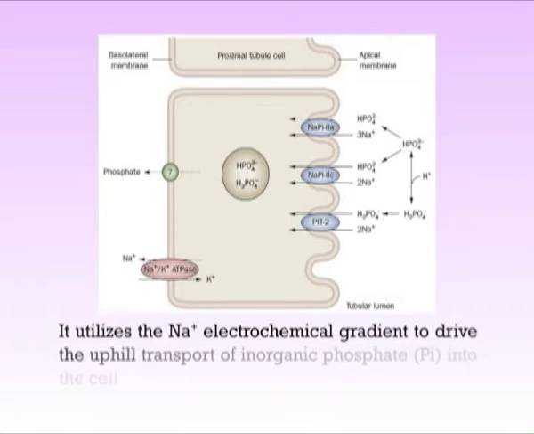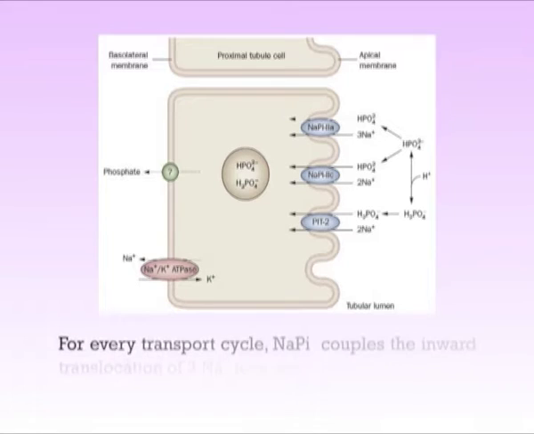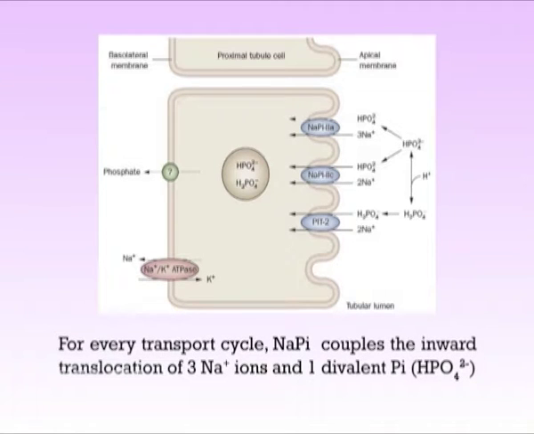It utilizes the sodium electrochemical gradient to drive the uphill transport of inorganic phosphate into the cell. So for every transport cycle, NaPi couples the inward translocation of 3 sodium ions and 1 divalent phosphate.